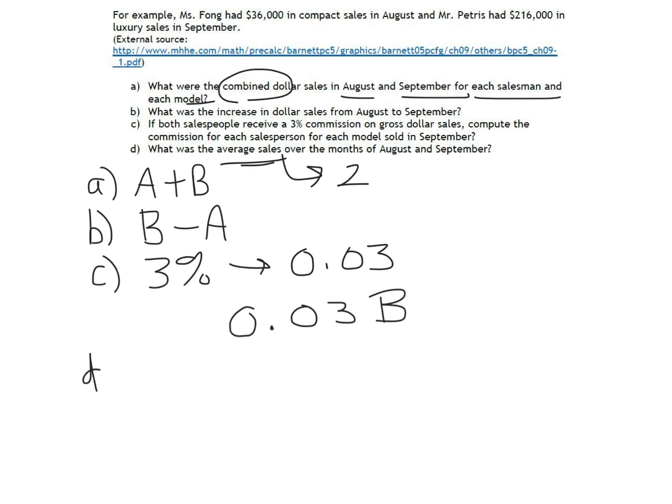We've already added A plus B. So I would take the matrix that we have found in part A of this question and divide each of those values in that addition matrix by 2, because we're averaging those 2 months.